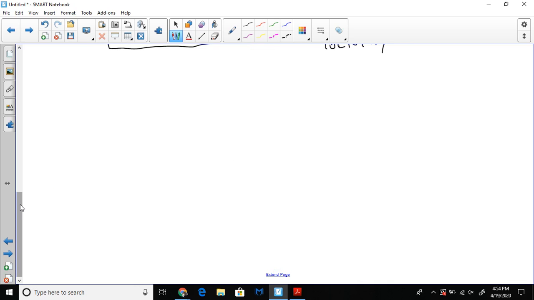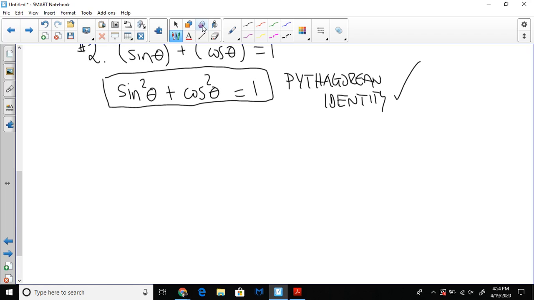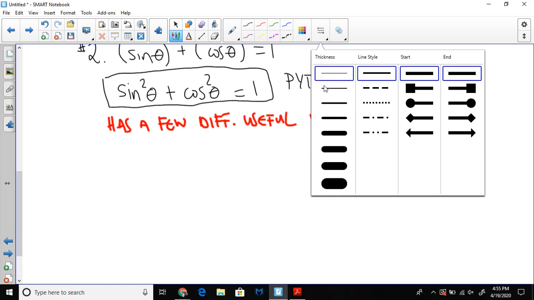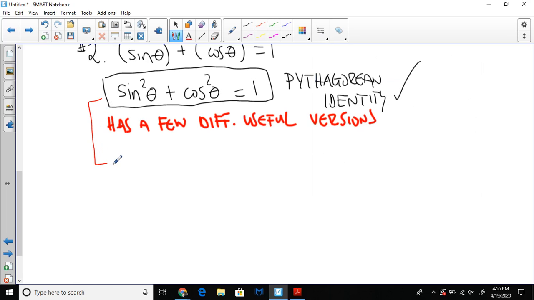Now this one has a little bit more to it, because it has a few different useful versions. For example, I could write it like this: sine squared theta equals 1 minus cos squared theta.